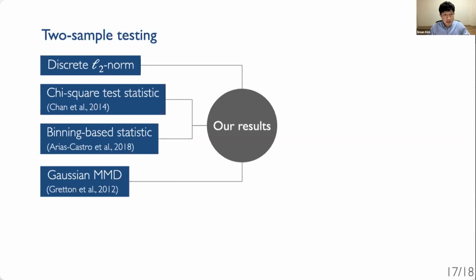Moreover, we apply our technique to Gaussian MMD, which is one of the commonly used test statistics for non-parametric two-sample testing, and show that the resulting permutation test is minimax rate optimal under certain smoothness assumptions.